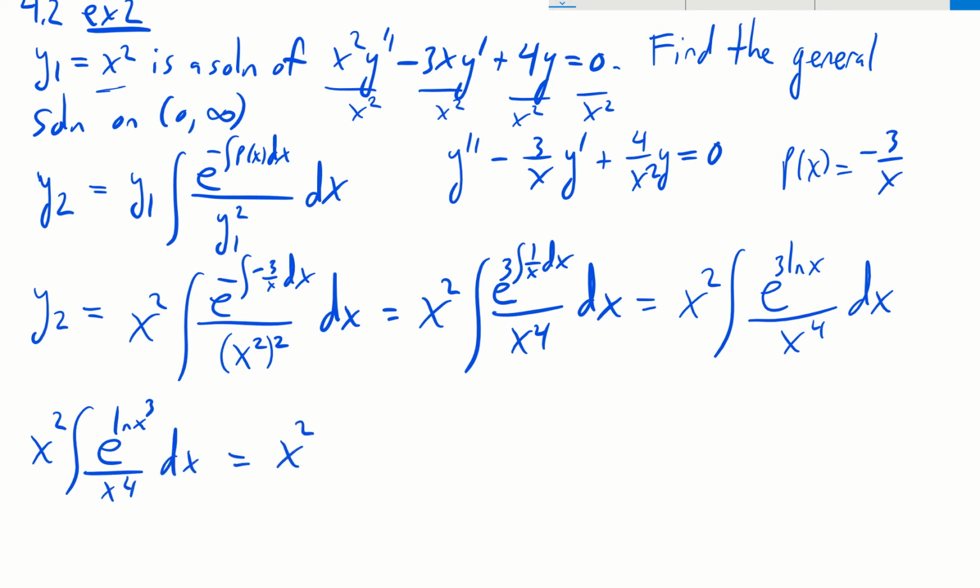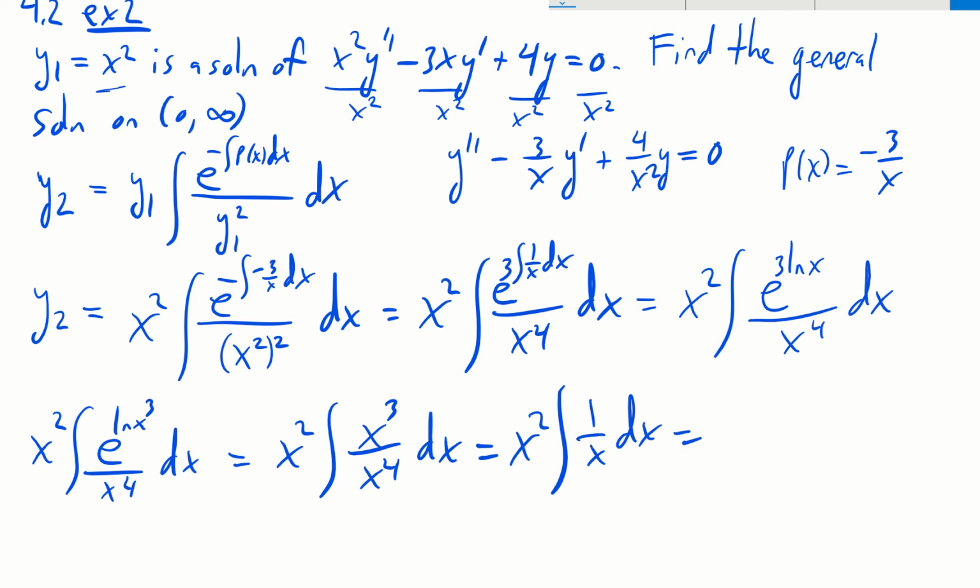This is going to be x squared times the integral. We know that the e and the ln cancel, so we get x cubed divided by x to the fourth. This is going to be x squared times the antiderivative of 1 over x dx, and that in itself will be x squared times the natural log of x. And I'm not going to put the constant part with that.